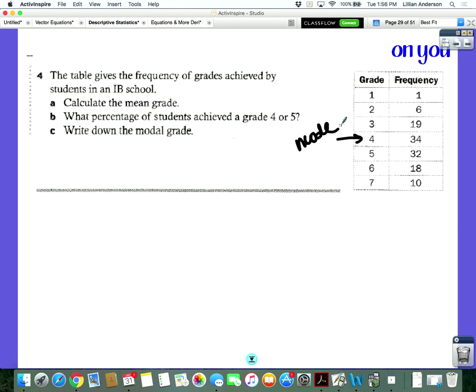Now, how do you find the mean when you have a frequency table? Well, you would need to multiply. What things are you going to multiply?